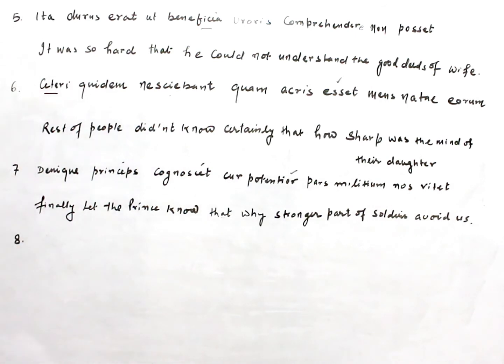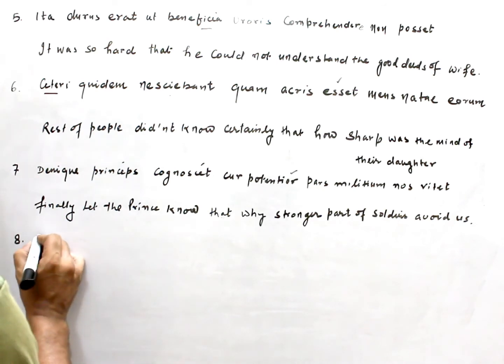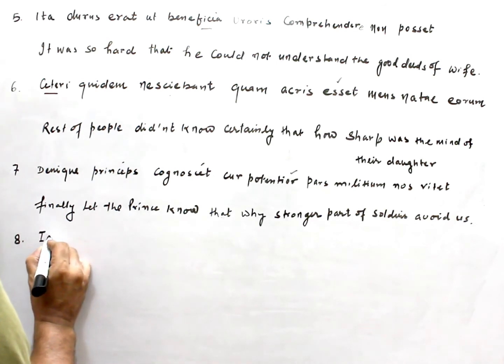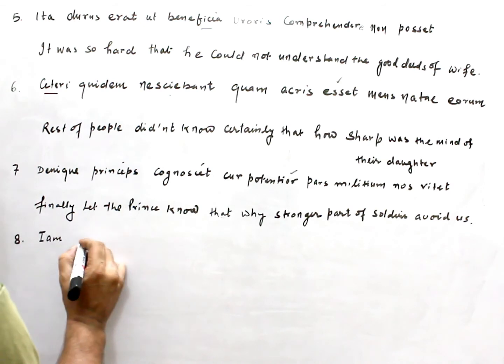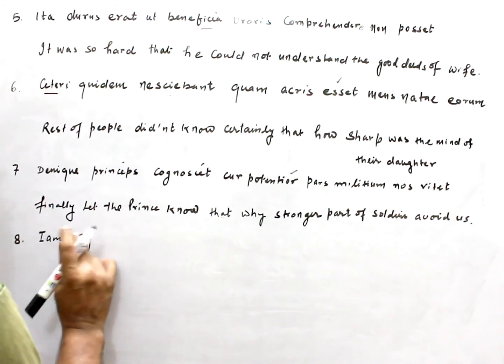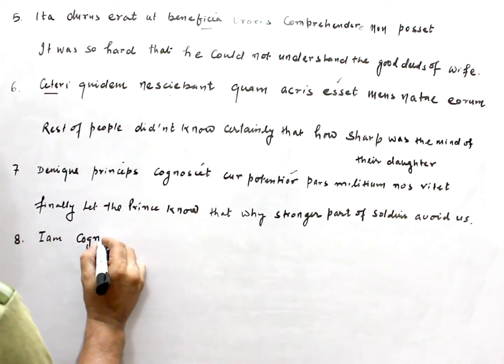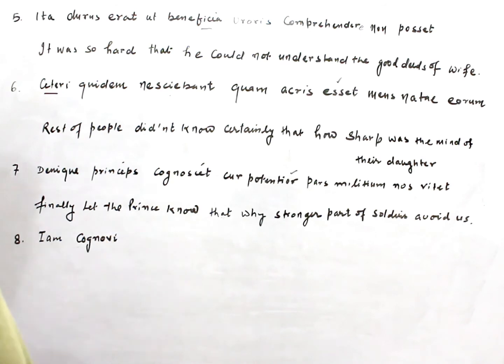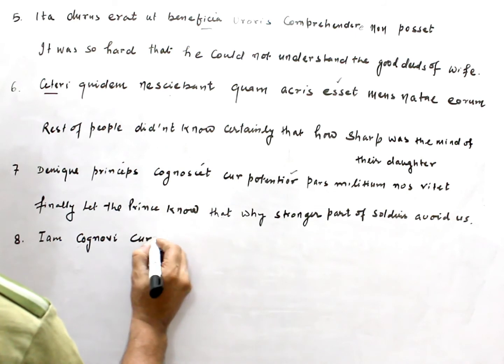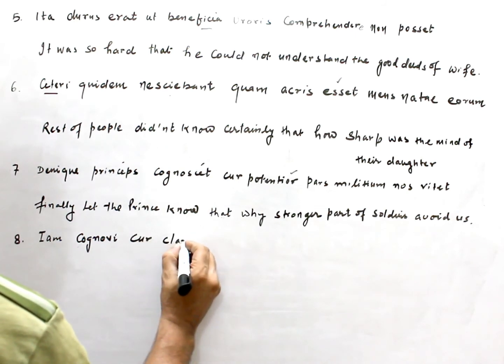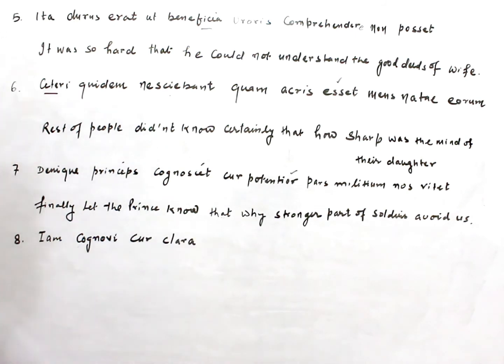8. Iam cognovi. I am. Cognovi. Cognovi. Cur clara facta vera non sint facilima.